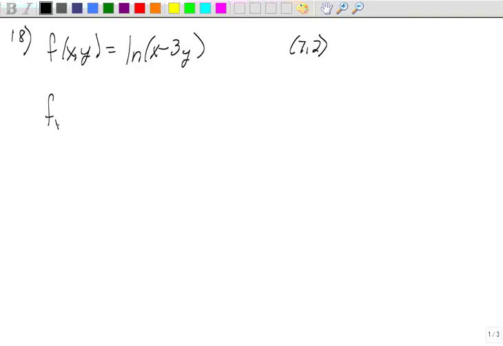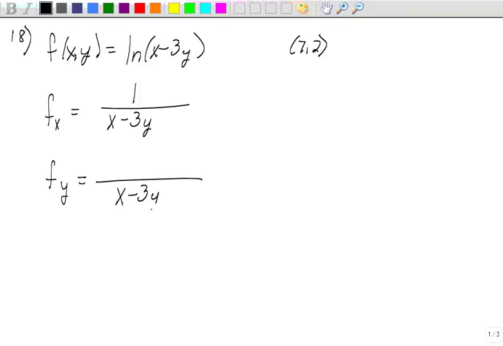Let's look at 18. Here's the function. The point is 7, 2. The partial with respect to x, the function goes on the bottom. You take the derivative of the function with respect to x. y is a constant, so the derivative of x is 1.